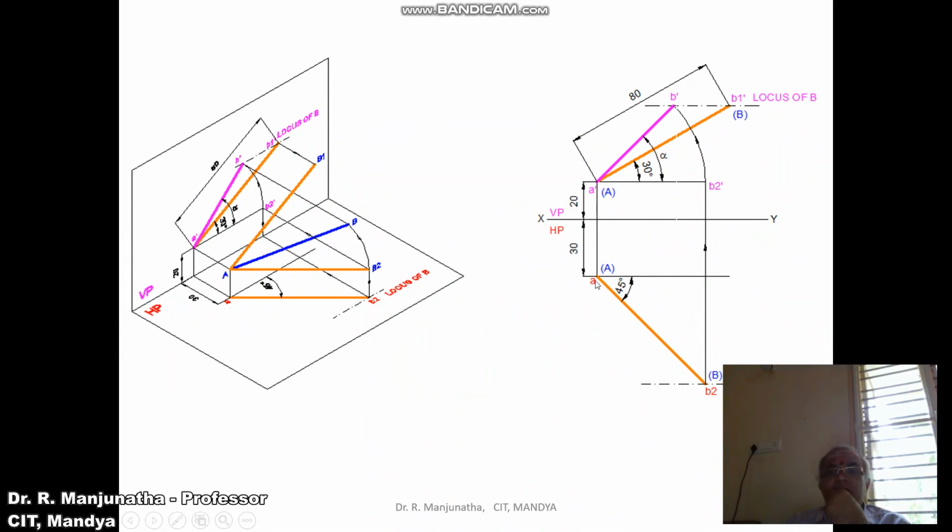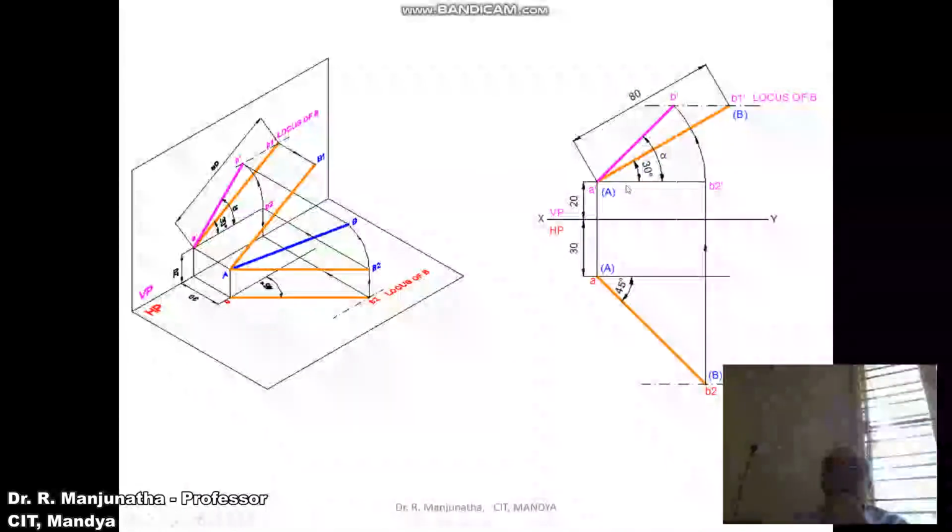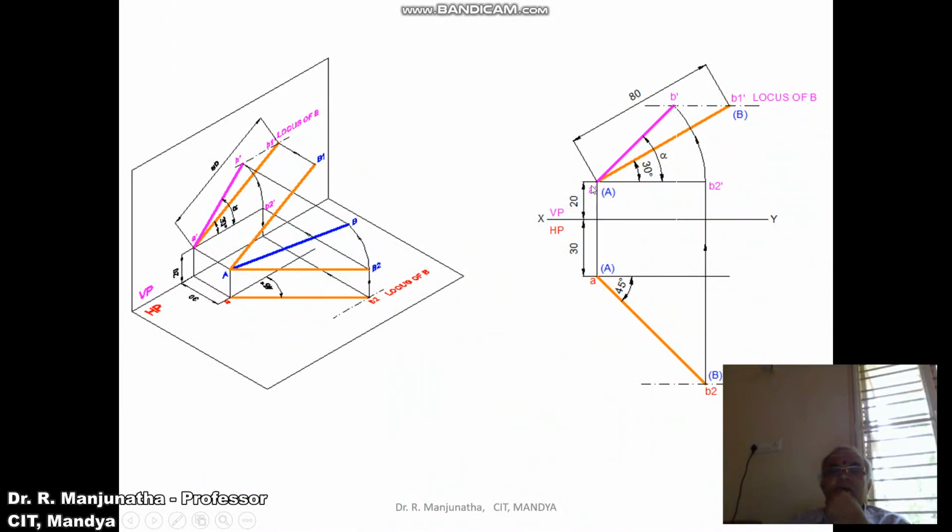So since this is the true length in HP, that line should be parallel to HP. So you draw a vertical projector from B2 to the locus of A in the front view. That means both A dash and B2 dash will be above HP by 20 mm. Then with A dash as center, using the compass, take the radius of A dash B2 dash and draw an arc such that it cuts the locus of B in the front view.